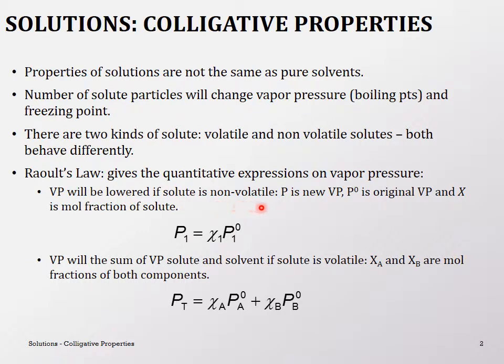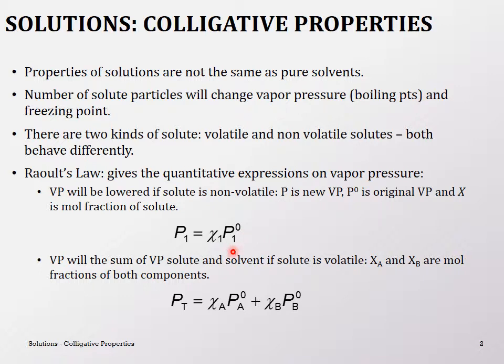This is the formula that is given for calculation of the new vapor pressure of any solution. Here P1 is the vapor pressure of the new solution. This X1 over here is the mole fraction of the solvent that is present, and then P1°, this degree sign, means that this is the vapor pressure of the original solvent.